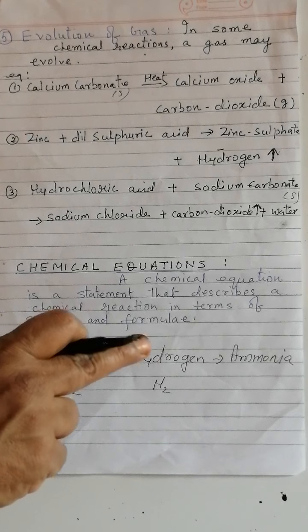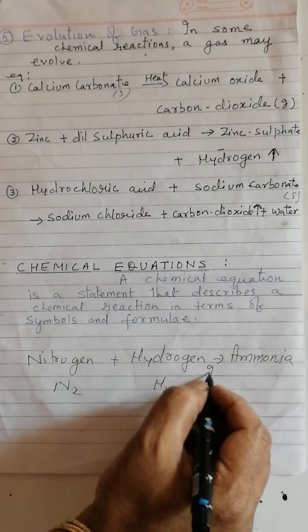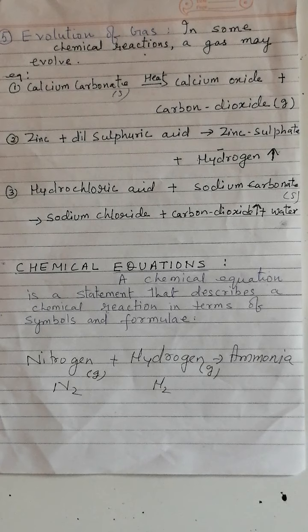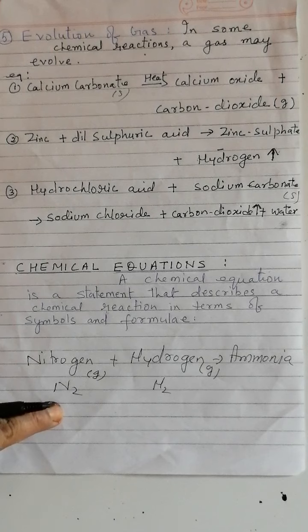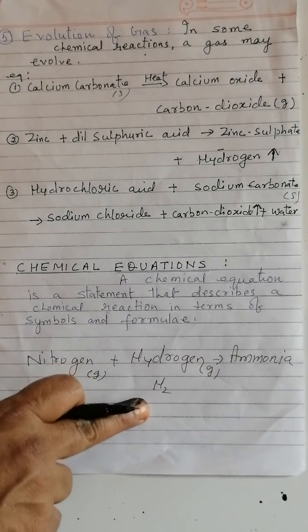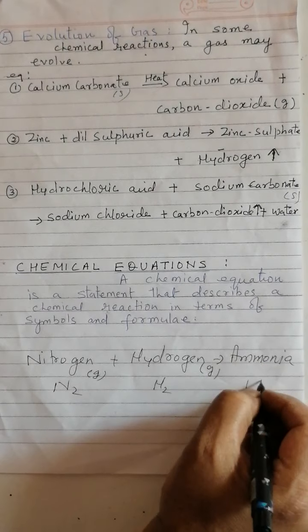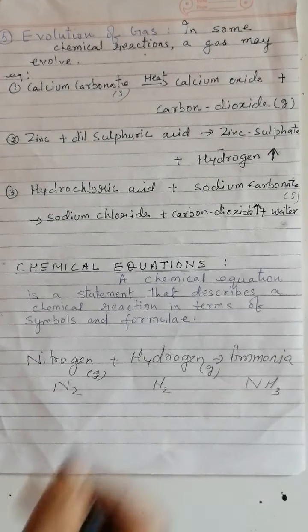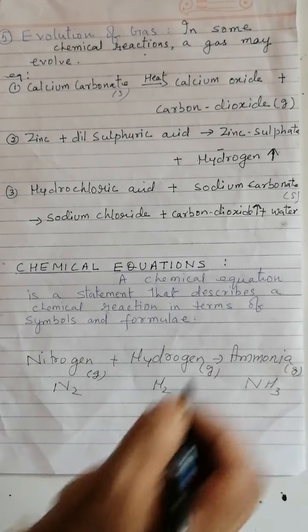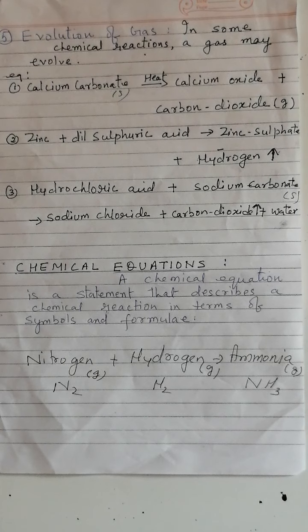Likewise, hydrogen is in the gaseous state, nitrogen as well is in the gaseous state. So we represent the gaseous state of the element by the molecular formula: nitrogen N2, hydrogen H2, and the ammonia formed is NH3. All the three, nitrogen, hydrogen and ammonia, are in the gaseous state.